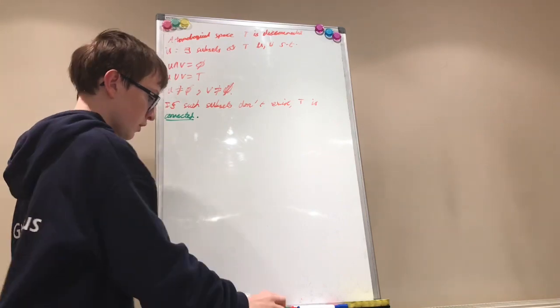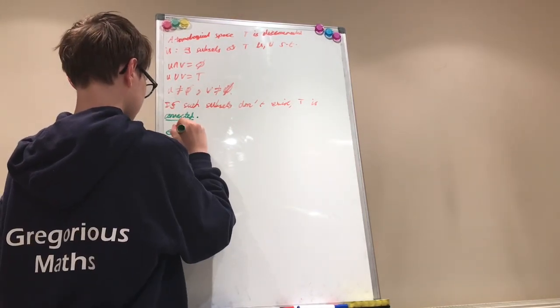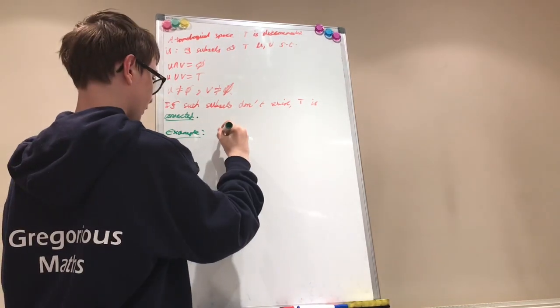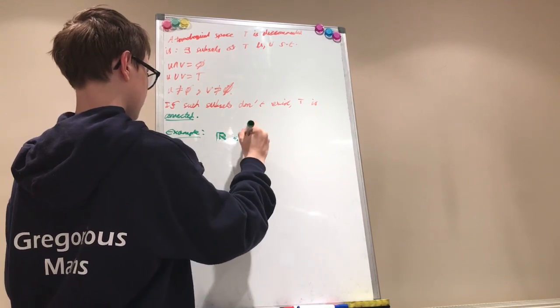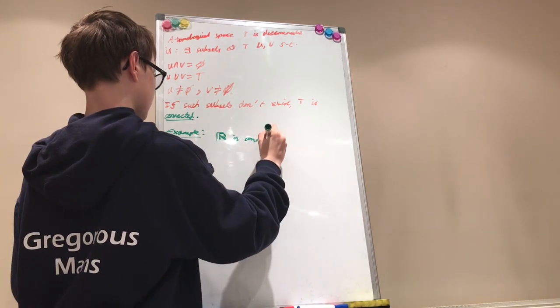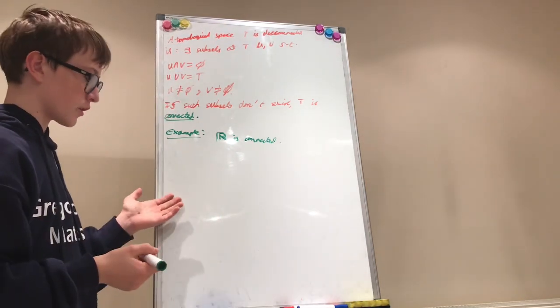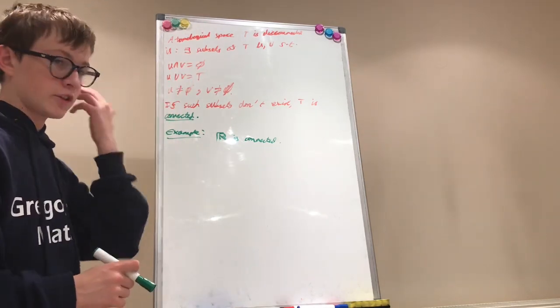So our first example, of course, R, the real line, is connected. That's what the second part of the theorem showed, that no such subsets could exist.